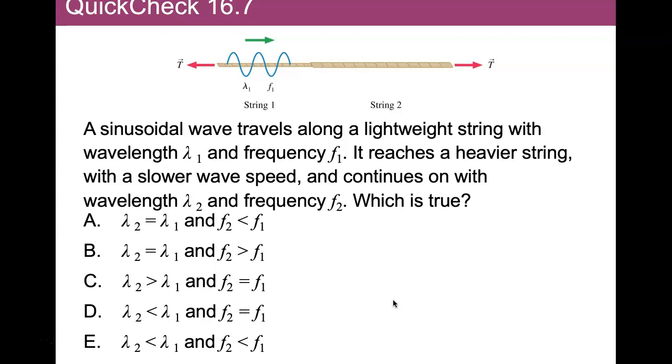We can have interfaces between different mediums or different ropes. So here is an example where you have string 1 with some linear mass density. It seems it has a smaller linear mass density. And then it's just connected to another string which is thicker, so it presumably has a higher mass density.